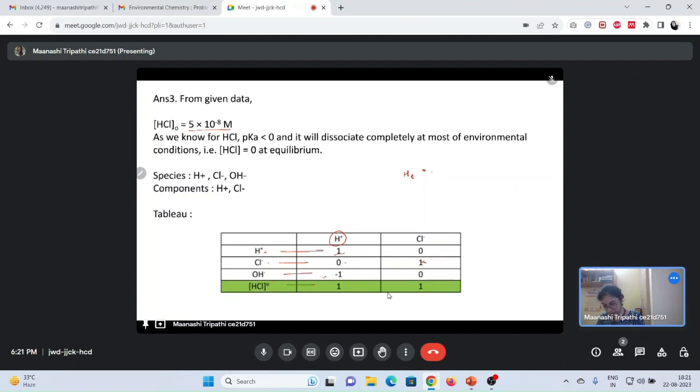So H total is 1 times H plus, plus 0 times Cl negative, plus minus 1 times OH negative, plus HCl times 1. Okay, this will be equal to... so we'll see this now.